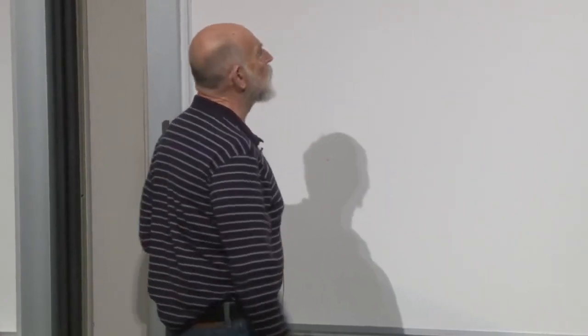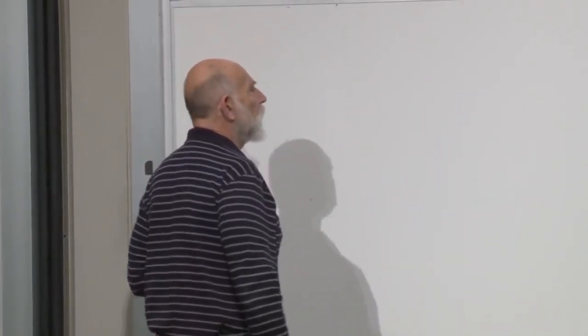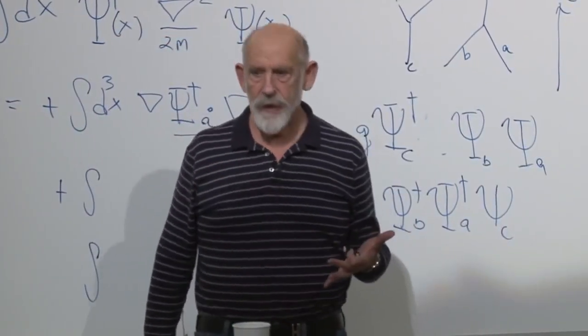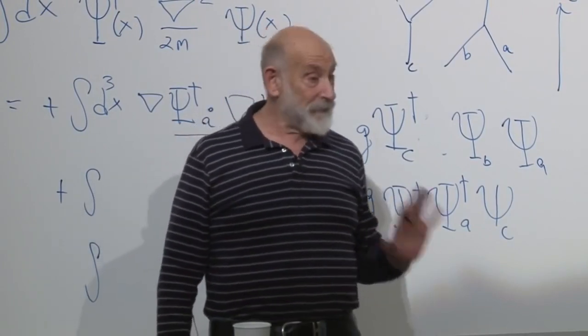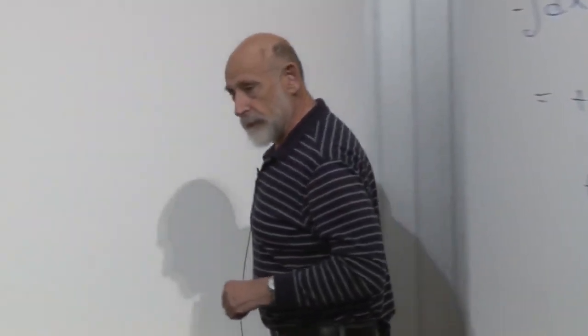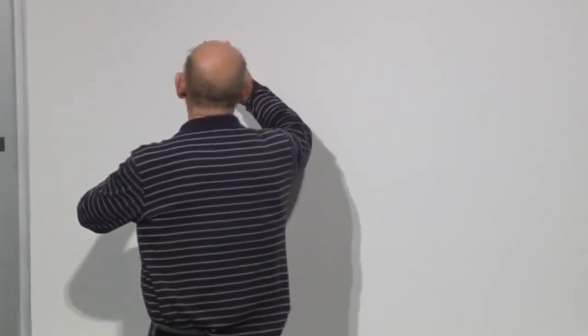Supposing we have two particles and we want to say that when we interchange them, the wave function or the state vector should change sign. So let's think about what that would mean for these operators that we're constructing.